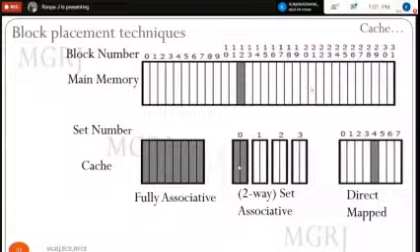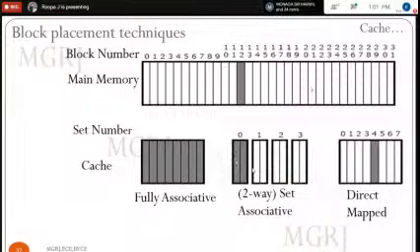So now understand, I will take an example. Block 0 is also brought, block 4 is also brought. That means the complete set 0 is totally occupied by the data. Now, if block 8 has to be brought, it cannot be brought because both of them are full in set 0. So if this 8th block has to be brought, then I will have to follow some replacement policy to store back one of the blocks and bring the new block.